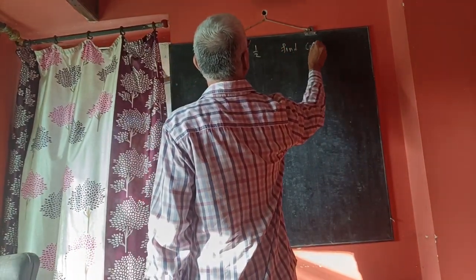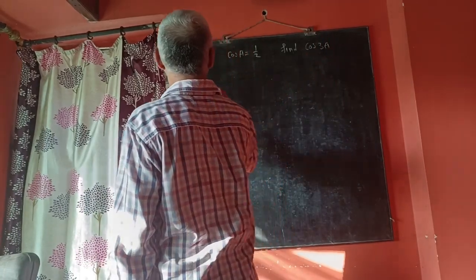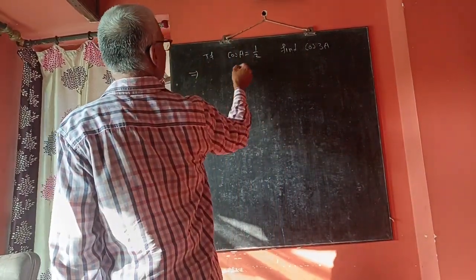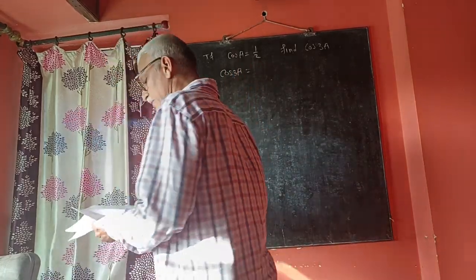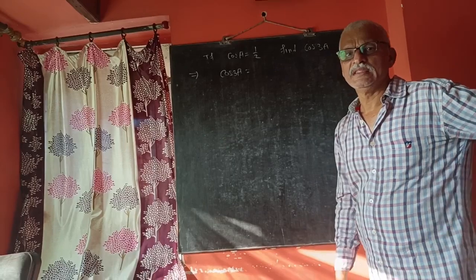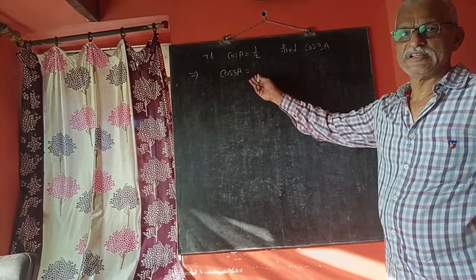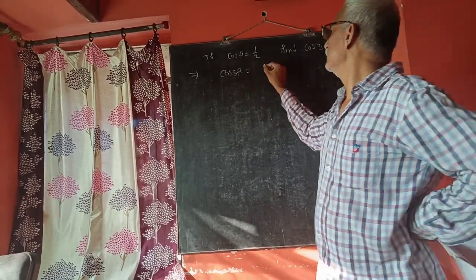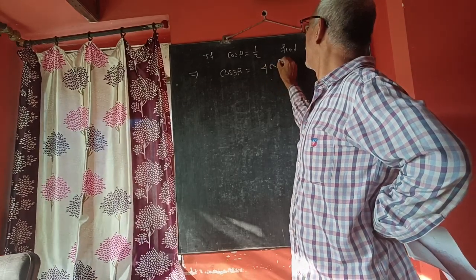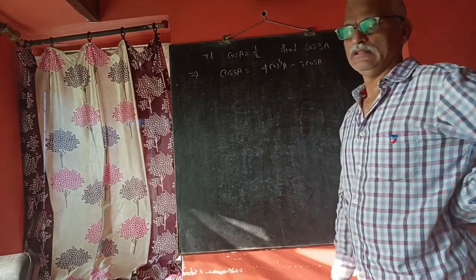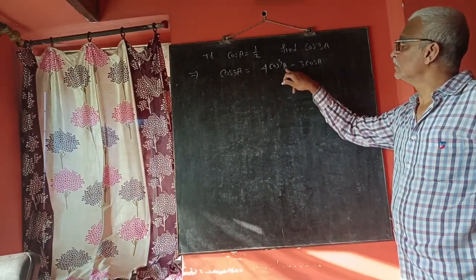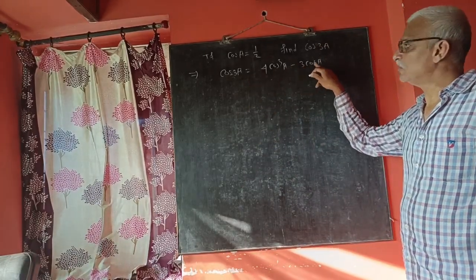First we have to write down the formula for cos 3A. There is only one formula for cos 3A and that formula is 4 cos cube A minus 3 cos A. Cos 3A equals 4 cos cube A minus 3 cos A.